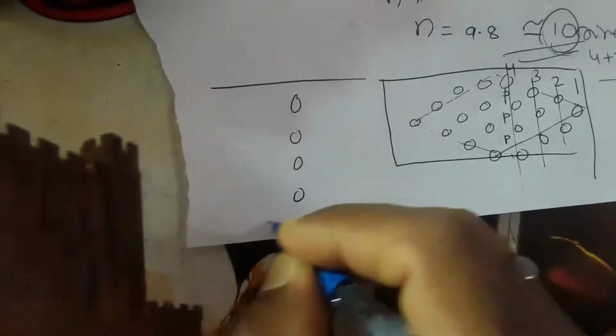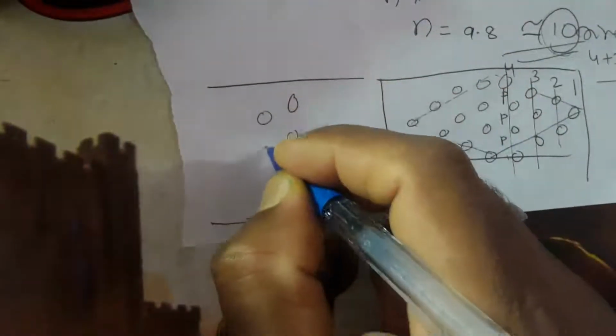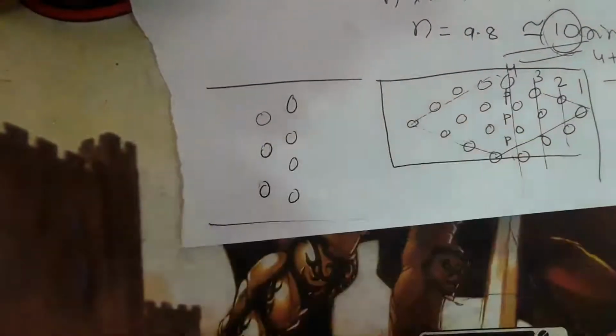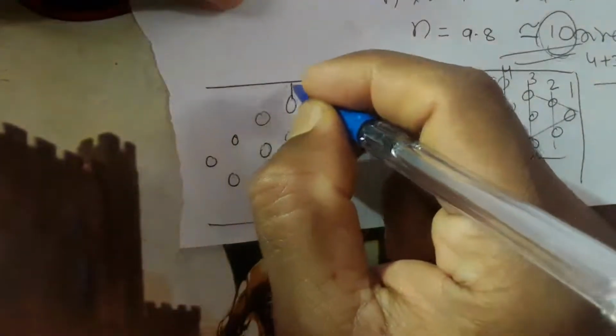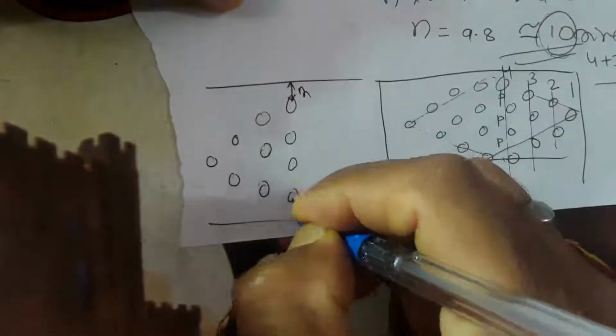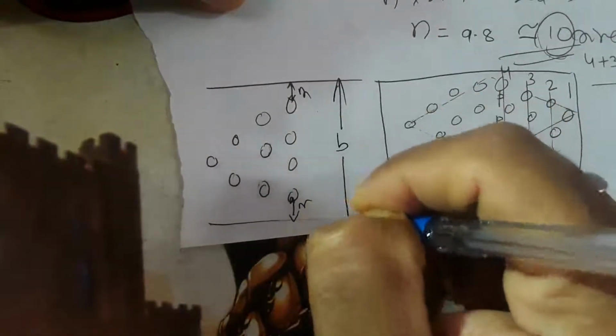So if you see 1, 2, 3, 4, here 3 rivets are arranged, then 2 rivets and then 1 rivet. From here to here it is margin, from here to here it is margin. Total is the width of the plate B.